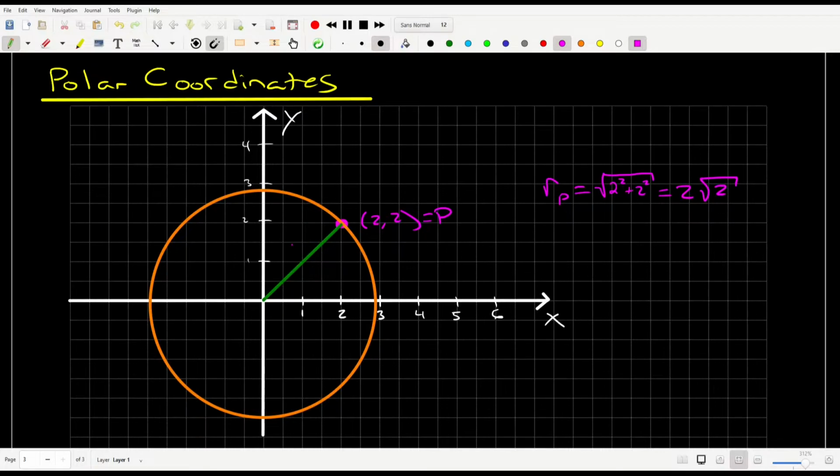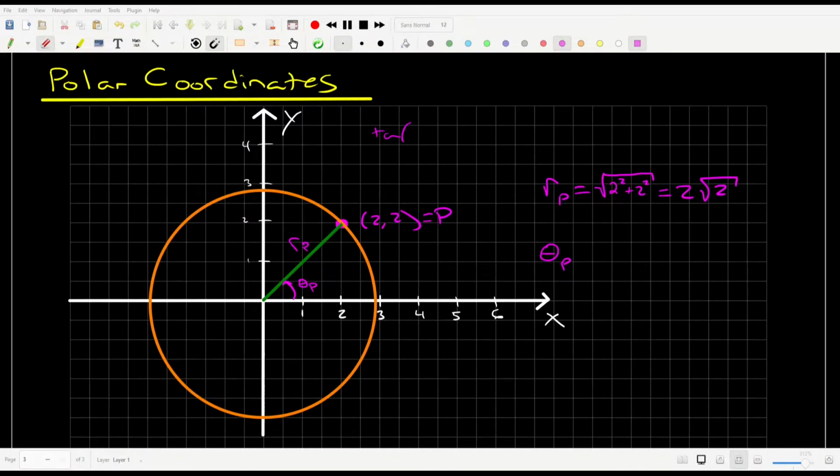So we have that the radius R_P was 2 root 2, and we also have an angle out to P, called an angle theta P. Theta P satisfies, from basic trigonometry again, tangent of the angle is the opposite over the adjacent.